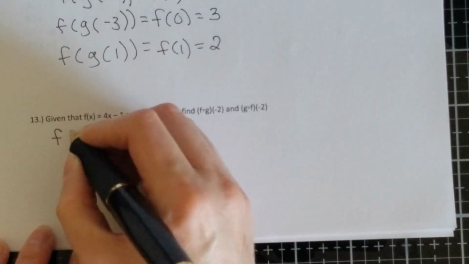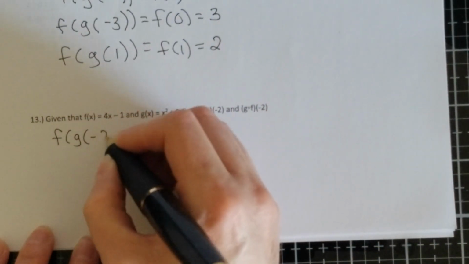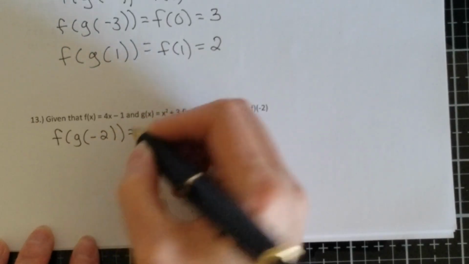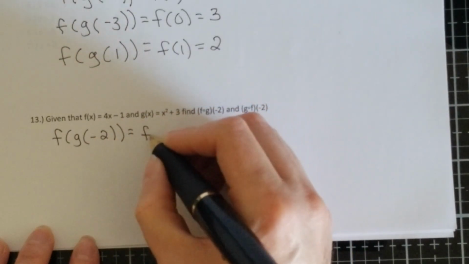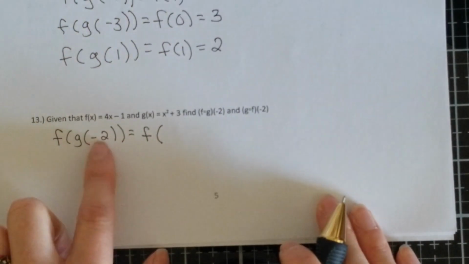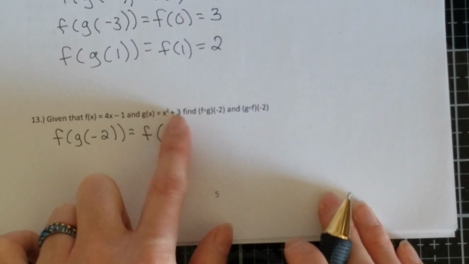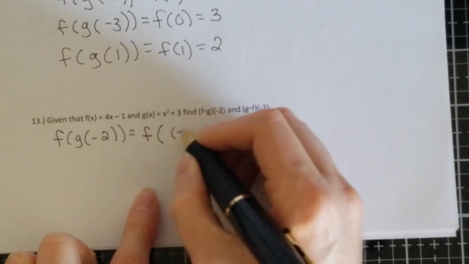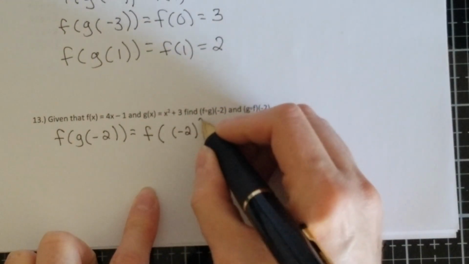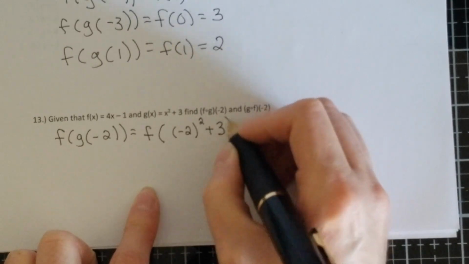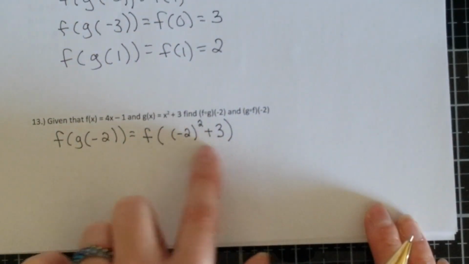All right, so f of g of -2. Okay, so what I do is I take the f, I leave that there. I'm going to take the -2 and I plug it into the x's in the g. So this will be -2 squared plus 3. And I need to simplify this and get an answer.